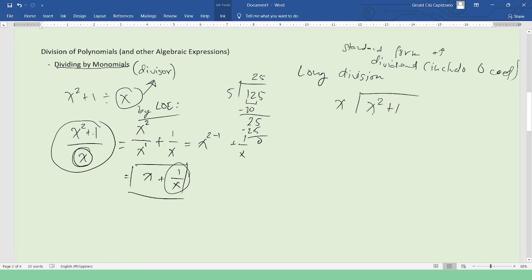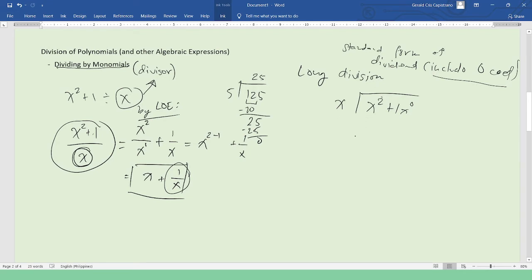Kung makikita nyo dito, from x square, nag-jump na agad siya sa, kasi pwede natin itong isulat yung 1 as x raised to 0. At alam nyo naman, pag na-raise natin ang kahit anong number sa 0, that is just 1. Kaya hindi na natin siya sinusulat. So, kumbaga, kung iisipin nyo, from 2 na exponent, nag-jump tayo papunta sa 0. So, kailangan nating i-include yung zero coefficient na term.